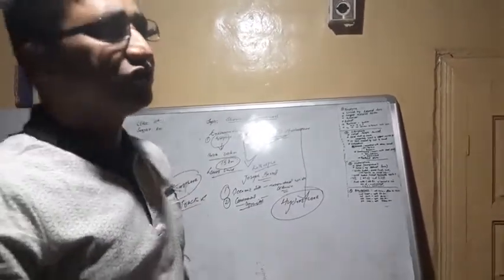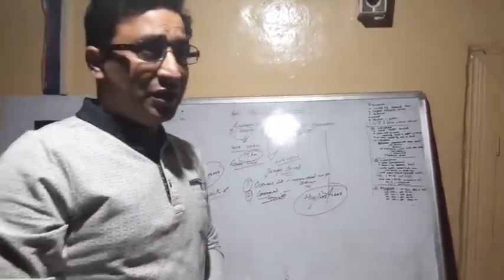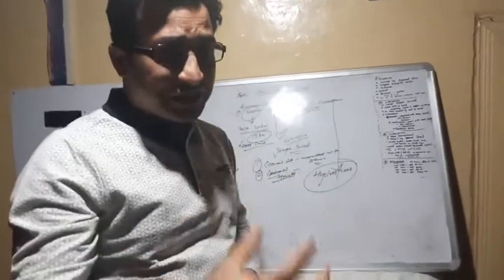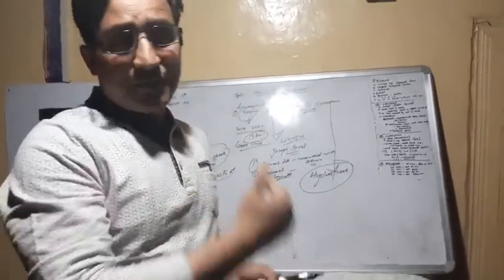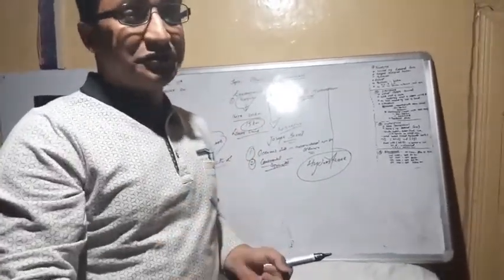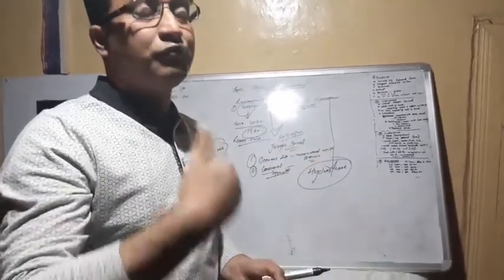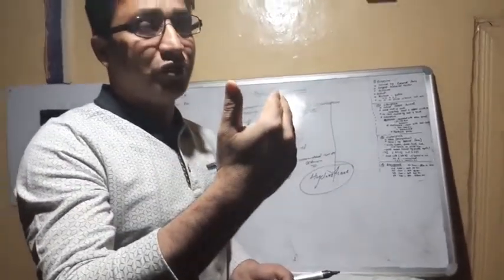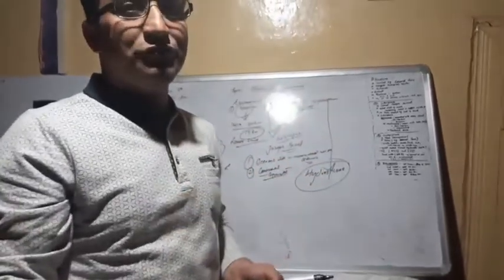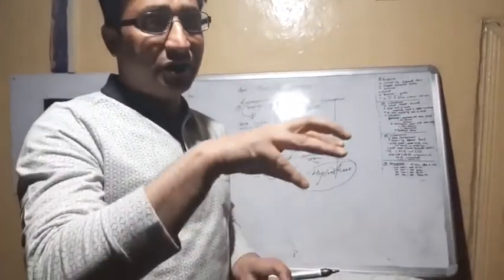The height of the troposphere varies from 8 kilometers on the equator up to 16 kilometers on the poles.